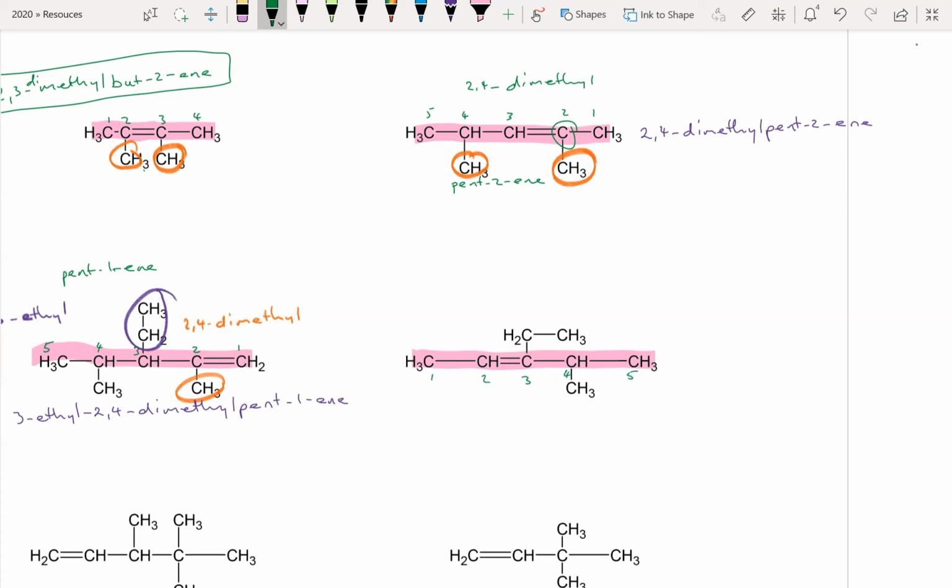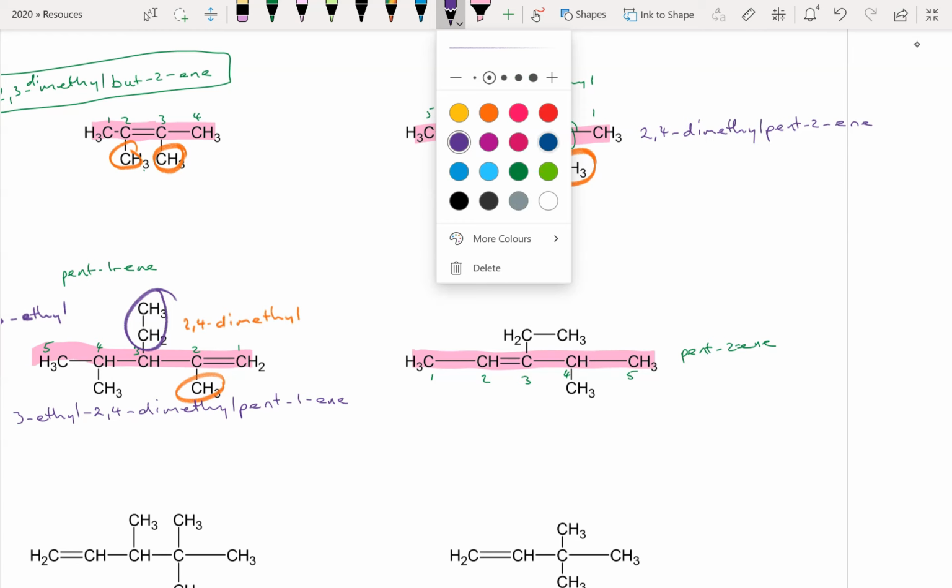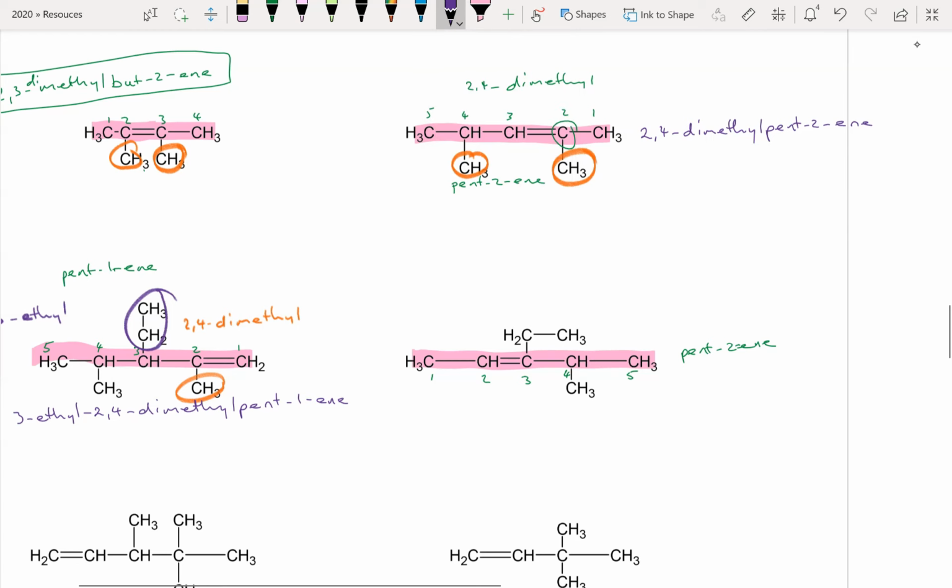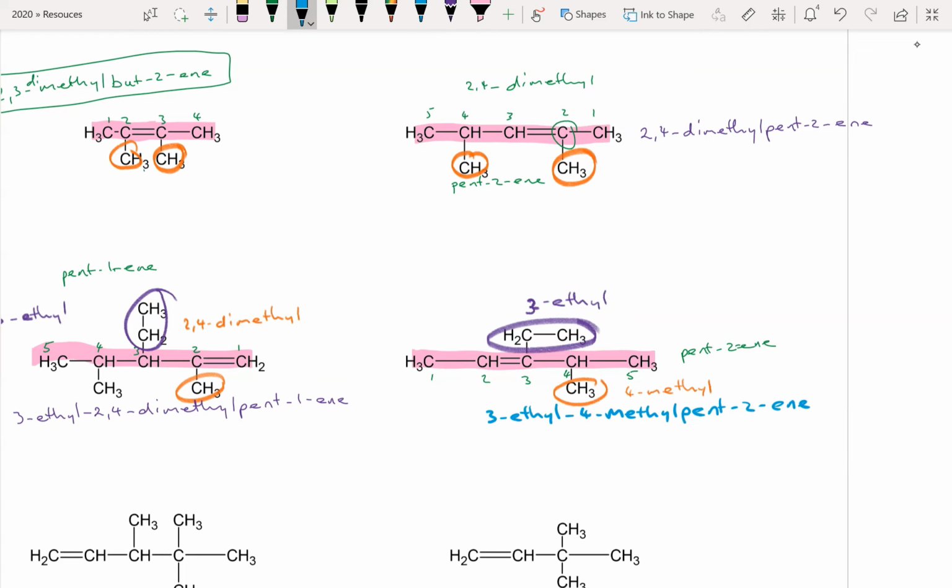So we're at a pentene, 2-pentene, pent-2-ene. Then we work out what we've got. Groups wise, we have one ethyl group up here, methyl group down there. The methyl group is on 4. So we put that name all together and we end up with 3-ethyl 4-methyl pent-2-ene.